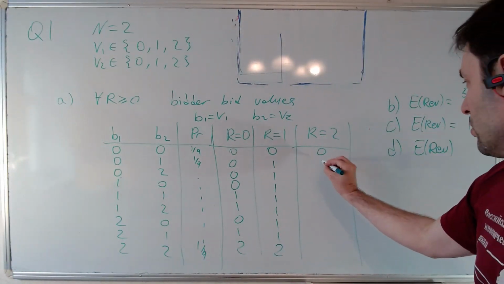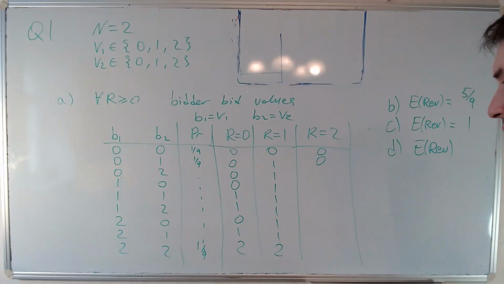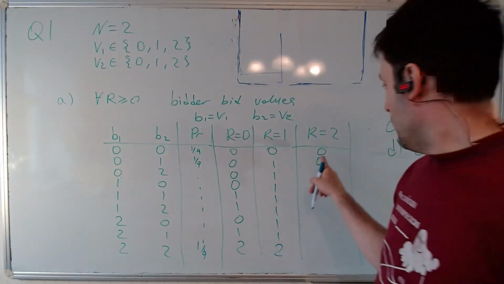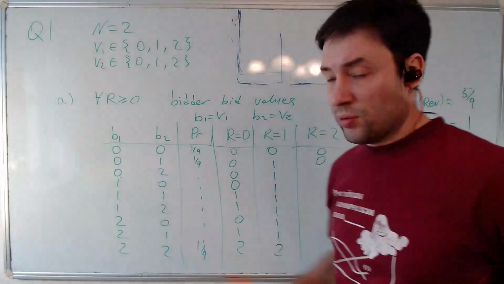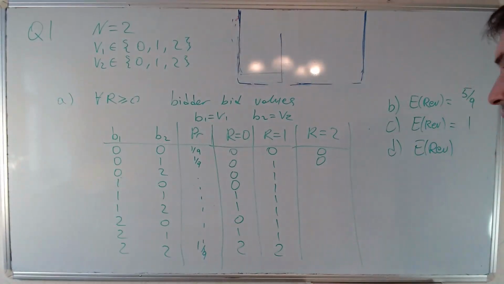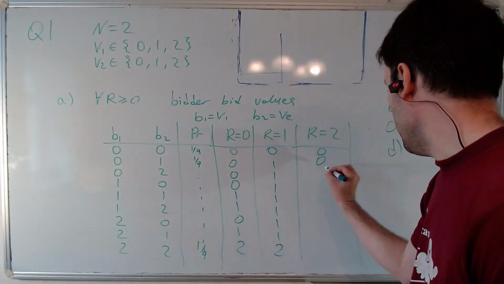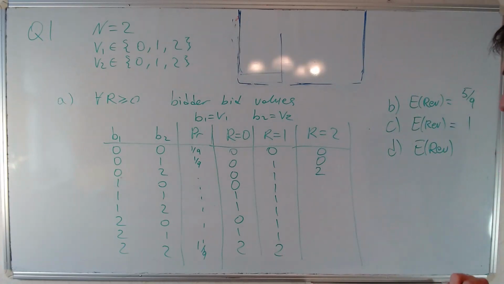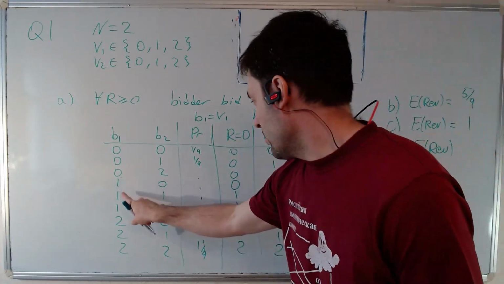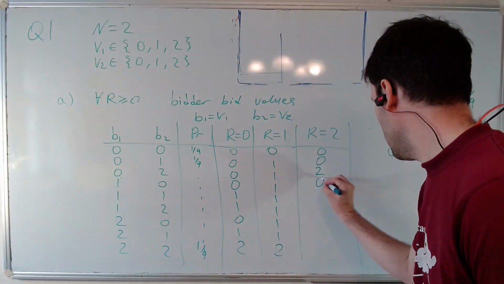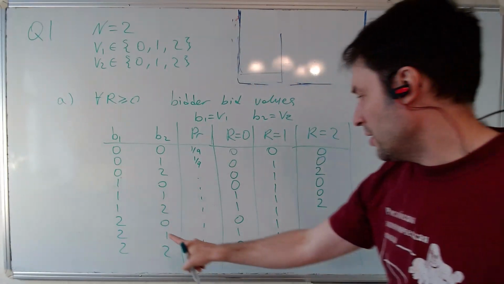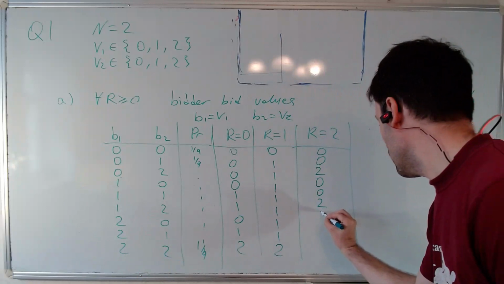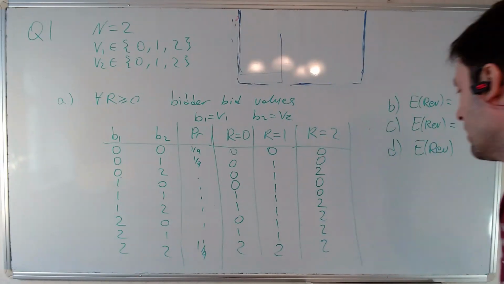Notice now that you also will get 0 here, because if the reserve price is 2, none of the bidders will win. Now this case it will save, because now this guy will actually pay 2. Then 0, 0, 2. And finally 2 for the last 3 other cases.